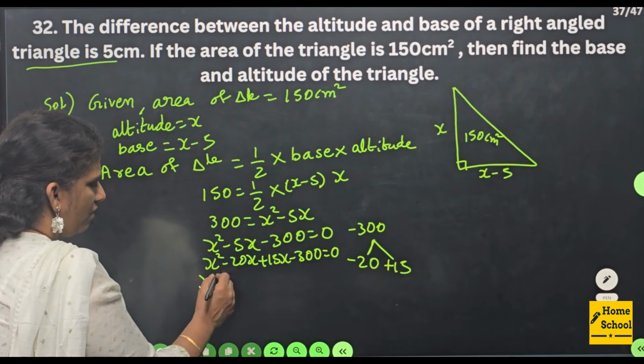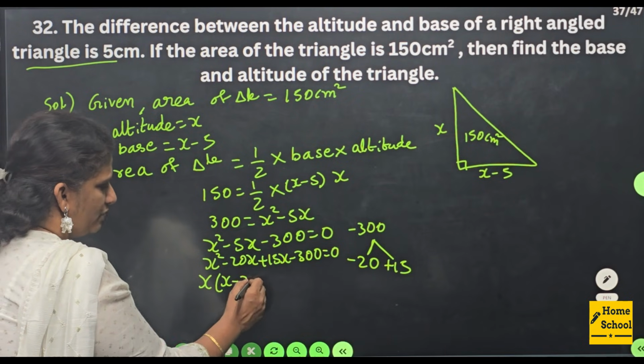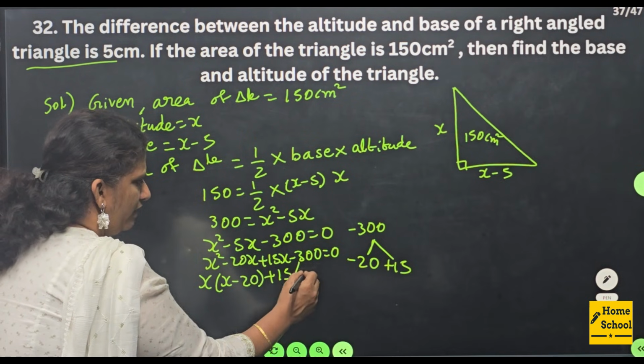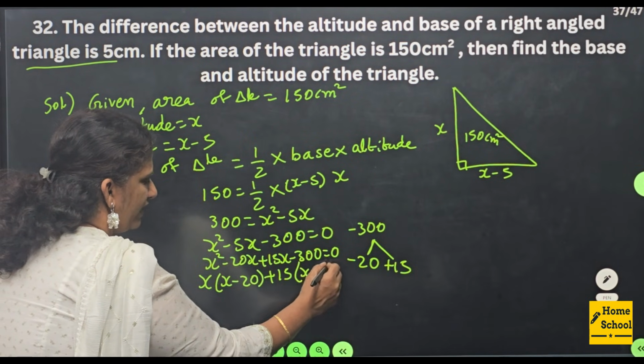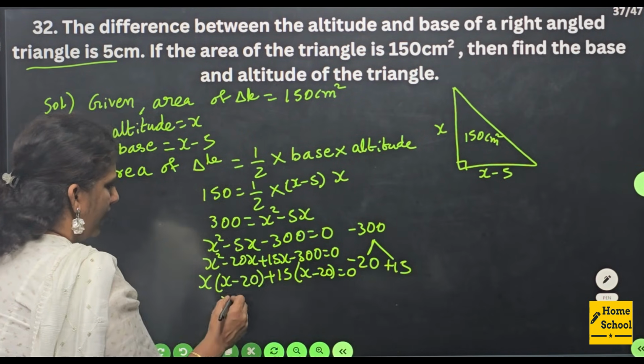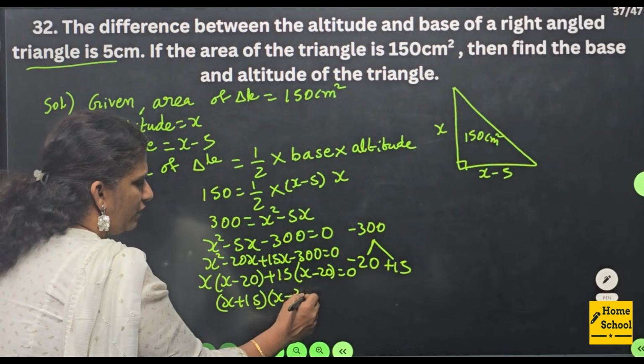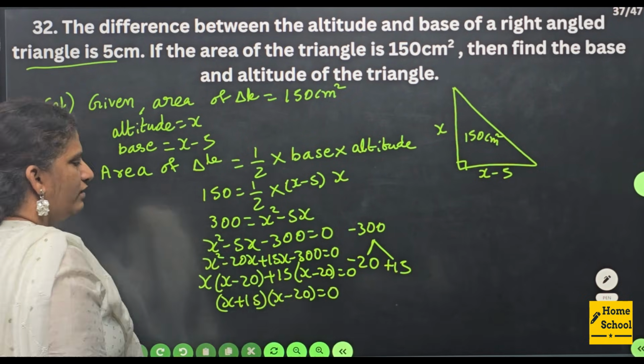Take out x common, x minus 20, and among these two take out 15 common, x minus 20. x plus 15 into x minus 20 equal to 0.